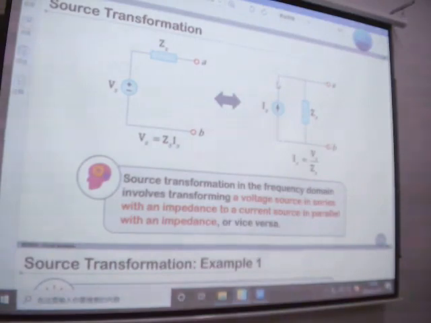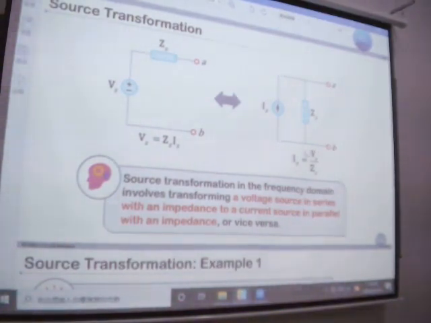If we calculate the V and I for the port A and B, you will get the relation. Vs equals Zs times Is, and this one and this one are equivalent because they have the same port equation with the same value.